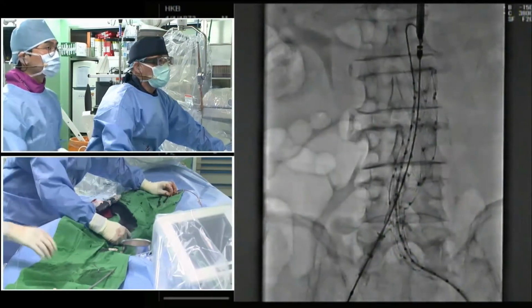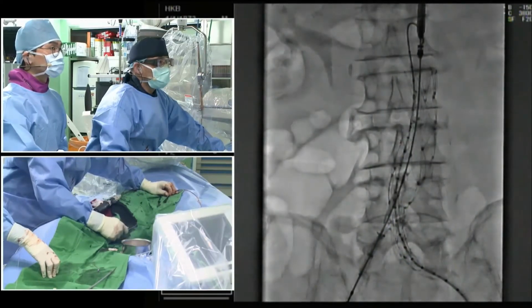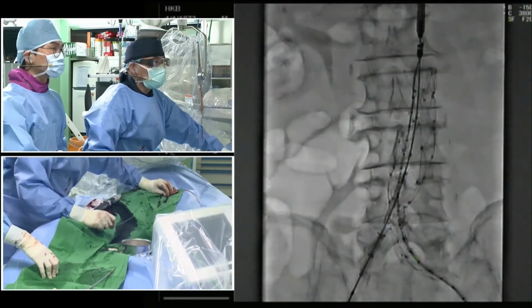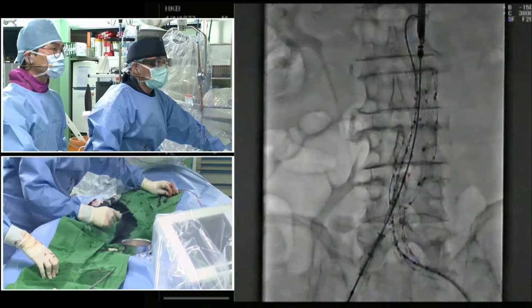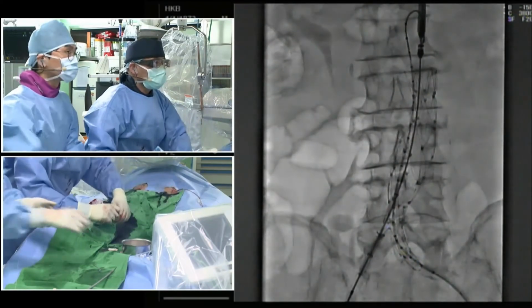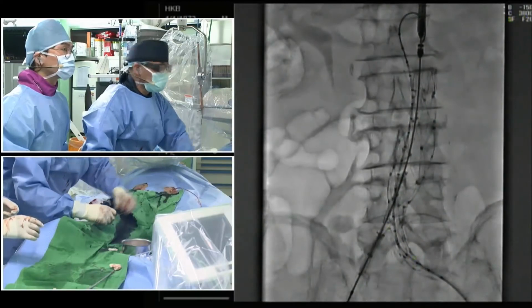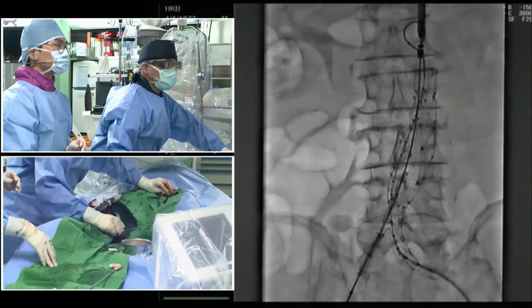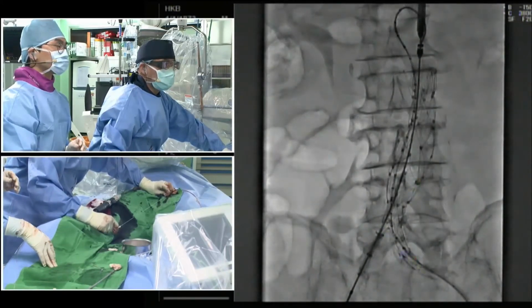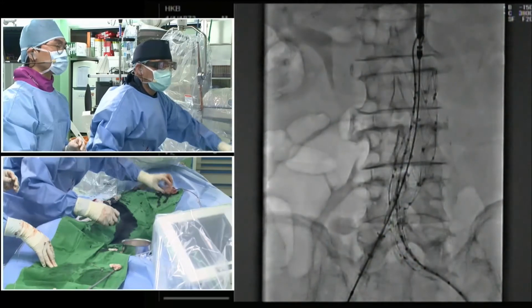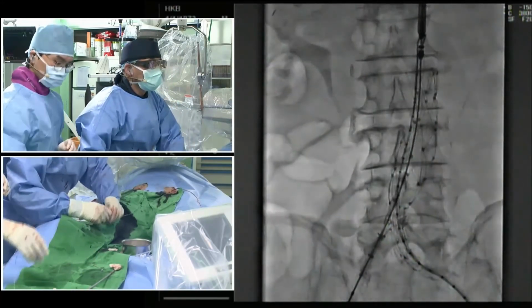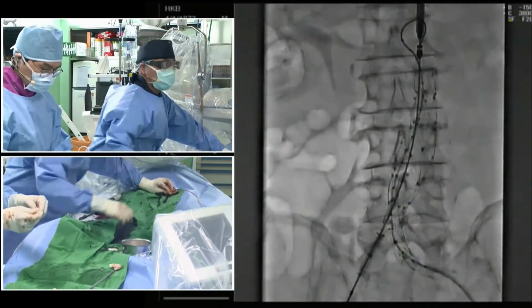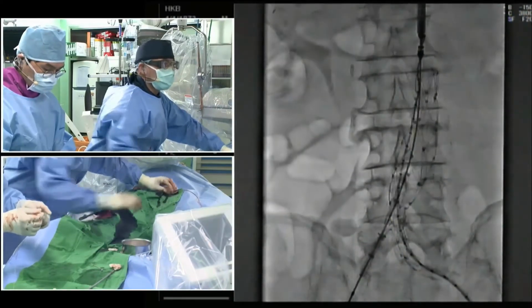So now, using the pigtail device, we change the direction. It sometimes takes a little bit of manipulation. It doesn't come out.